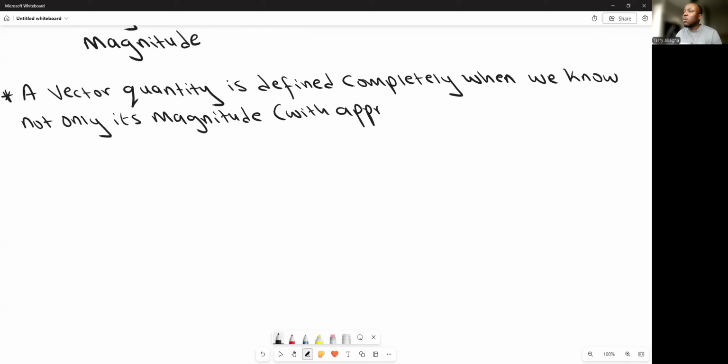When you're talking about magnitude, it has to be with the appropriate units. But you also need to talk about the direction in which it's operating.